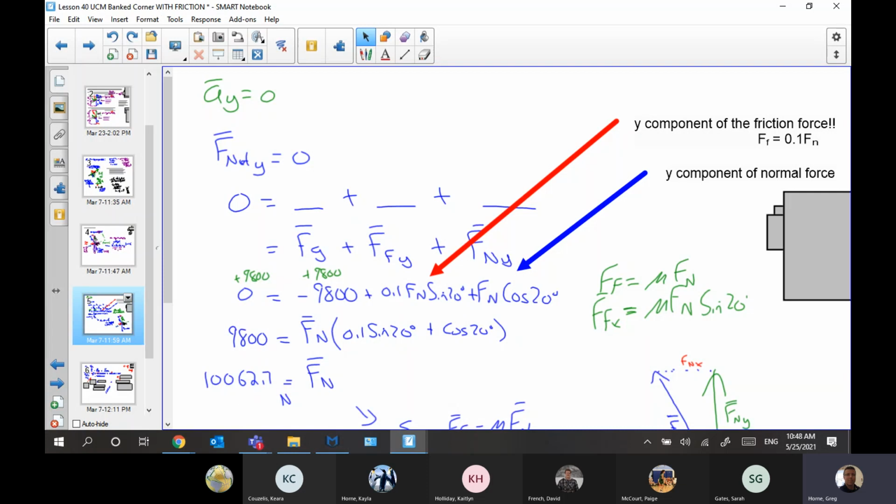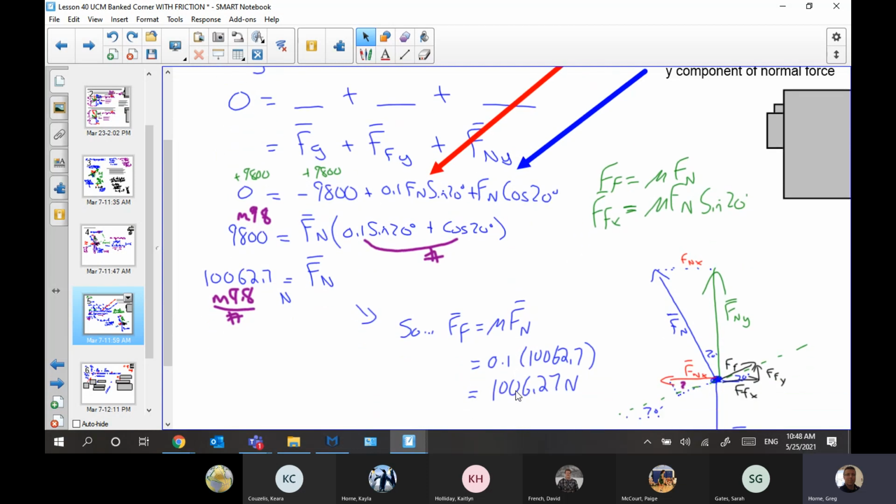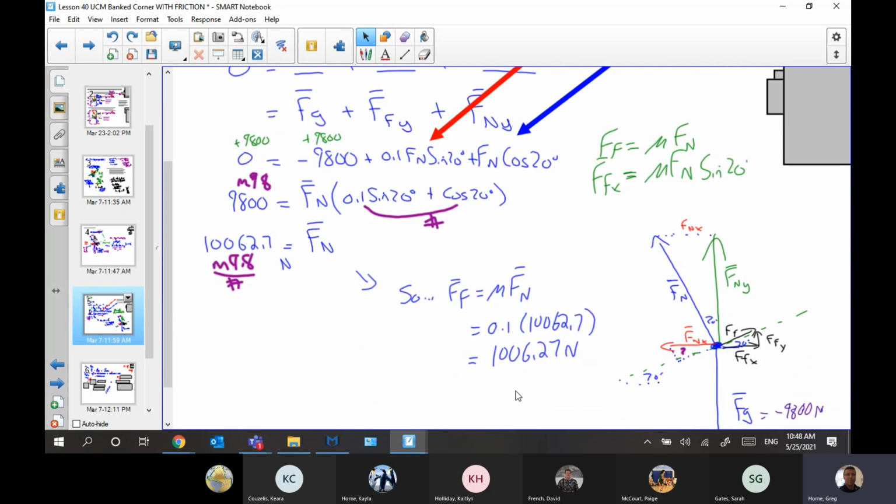So this was really an m9.8, which means that this was really an m9.8 divided by whatever this number became, right? And so you can see that this has an m in it. Or in other words, it's m with a number instead of what it worked out to be.